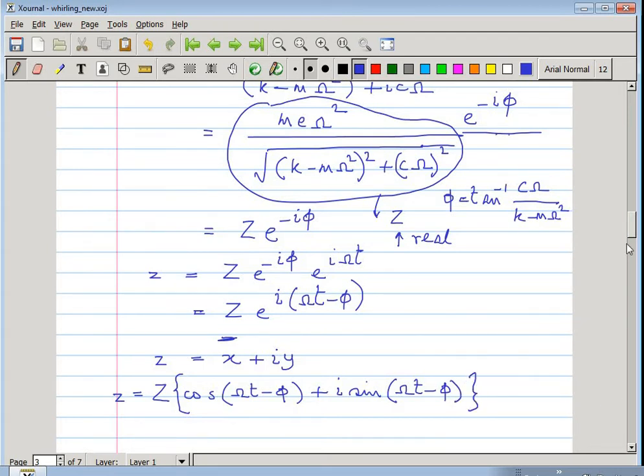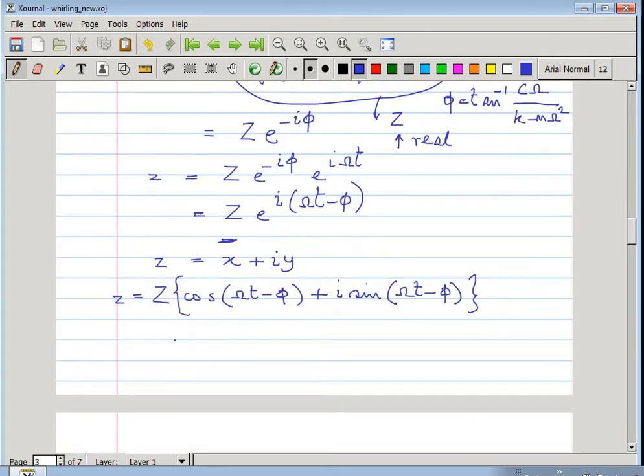So this is capital Z cos omega t minus phi plus i Z sin omega t minus phi.